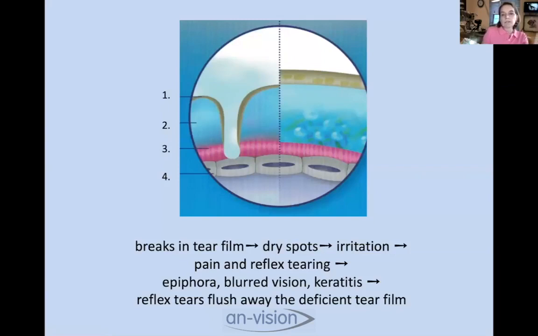And then what comes in is that the reflex tears, with a lower concentration of proteins and mucoproteins and all the stuff that is in there, will even wash away this poor leftover tears. So with the repair mechanism, you make further damage.